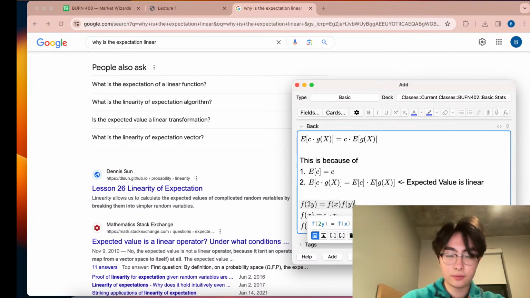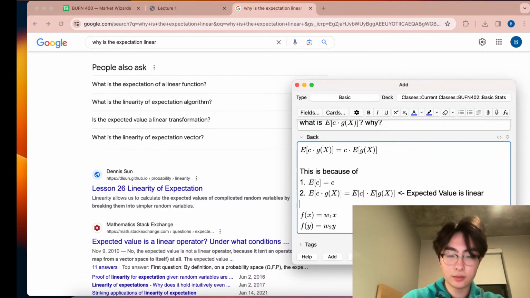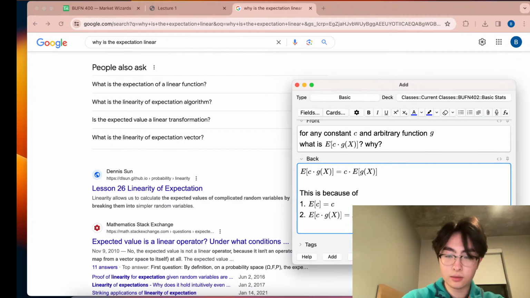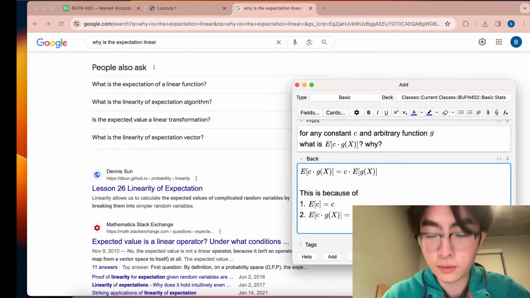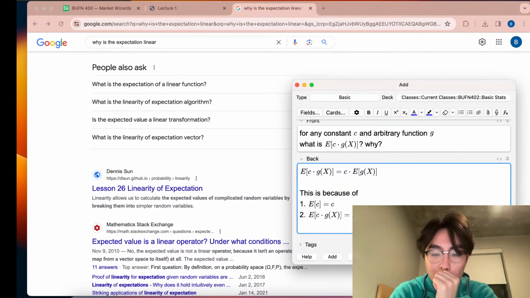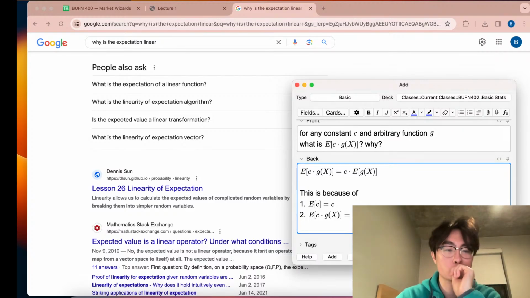So this is like f of 2y is equal to 2 times f of y. So I think that's what this is saying.